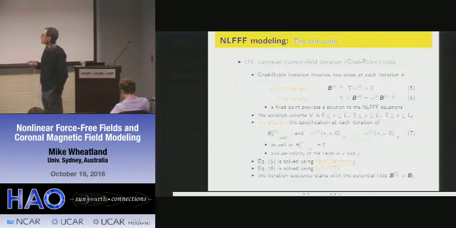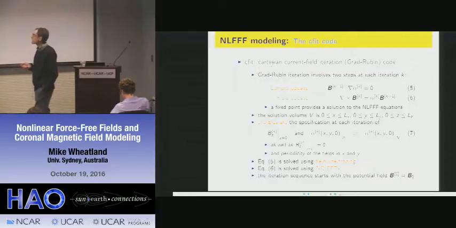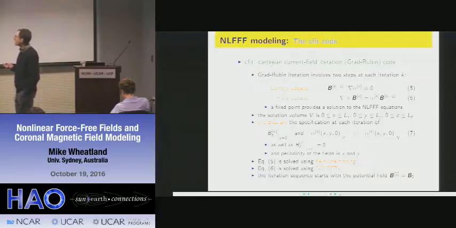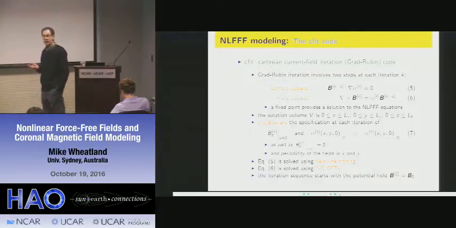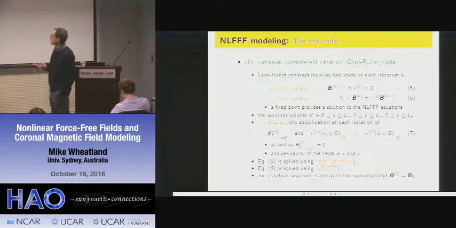At your iteration K, you assume you've got a magnetic field, B K minus 1, and then you solve one of the two force-free equations that I wrote down by mapping your boundary values of alpha along your given field. That gives you the alpha values in your volume, the alpha K in the volume.